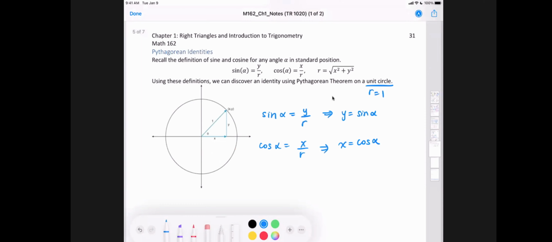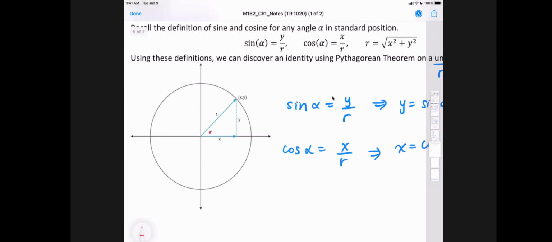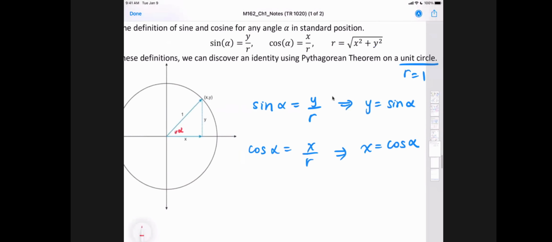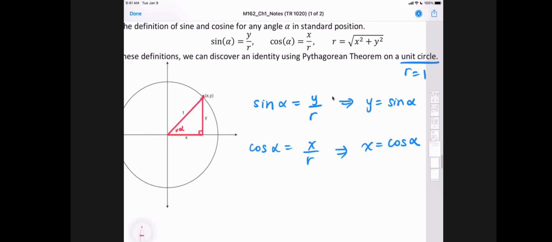So if we look at this picture of our unit circle, let me just change this angle to alpha instead of theta. We have this right triangle that gets formed with some coordinate point xy, where the length x is cosine of alpha, and y is sine of alpha.